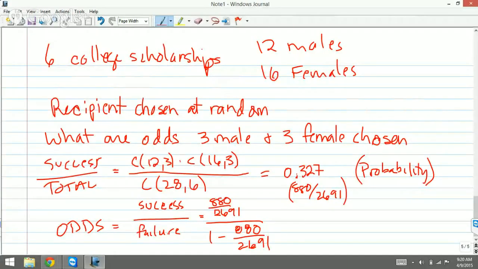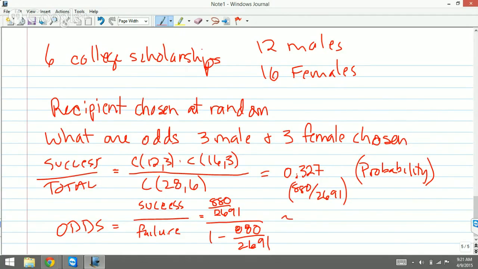The failure is just 1 minus that. And it gives you the odds or the probability of failure. Okay. So probability of success is that top number. Probability of failure is 1 minus that number. You want to make it easy on yourself.